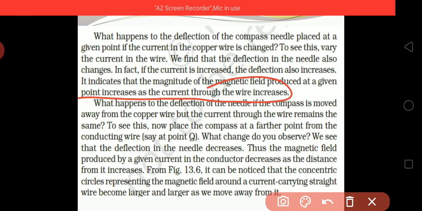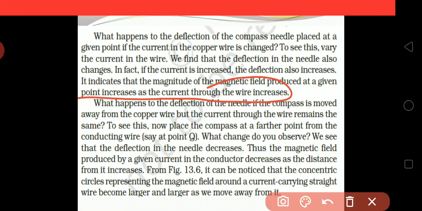It decreases. Why? Because we are placing the compass far from the conducting wire. So the magnetic force will decrease, and the deflection also decreases with that.